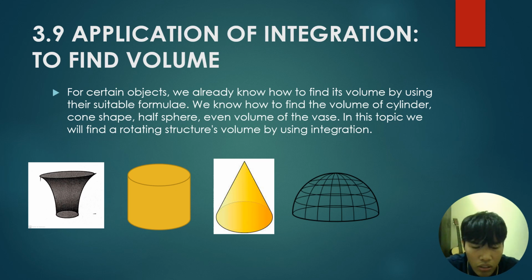So the volume generated in the integration, overall we use is integrate 0 to A, A is whatever number on the volume that we want to find, pi y squared dx.